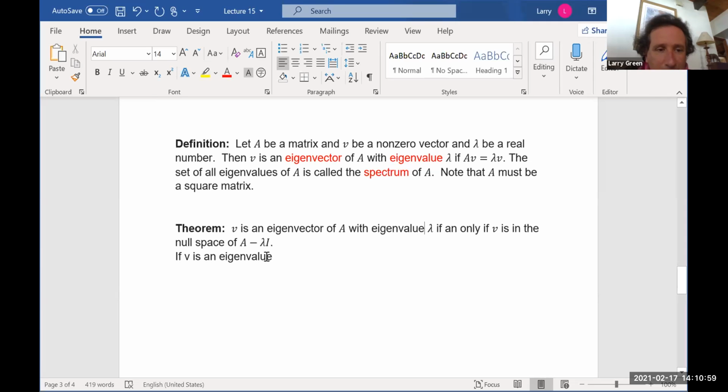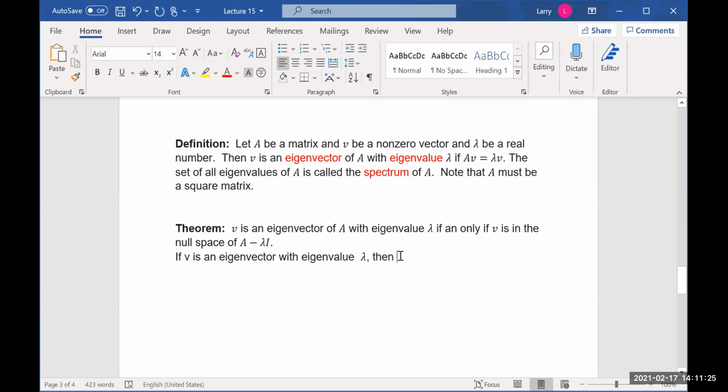Sorry about that. So if V is an eigenvector with eigenvalue lambda, then by definition, what does that mean? AV equals lambda V. Yep, that's the definition.